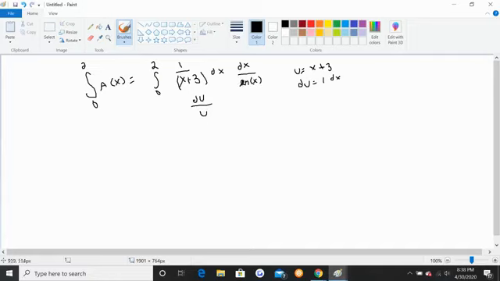Oops. Sorry, I didn't explain this very well. Let me go back. So we know that the derivative of a log function is going to look like this, right? So this is a log function, this is its derivative. Its derivative will be the derivative of x if x is in the denominator, right? So now we have u in our denominator, and we have our du on top, right?